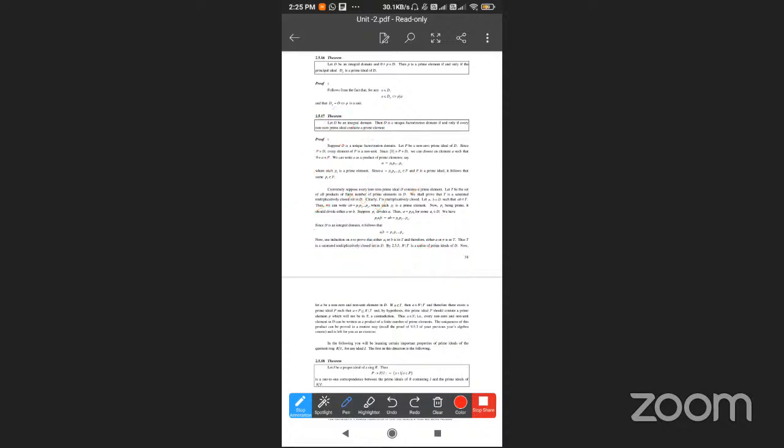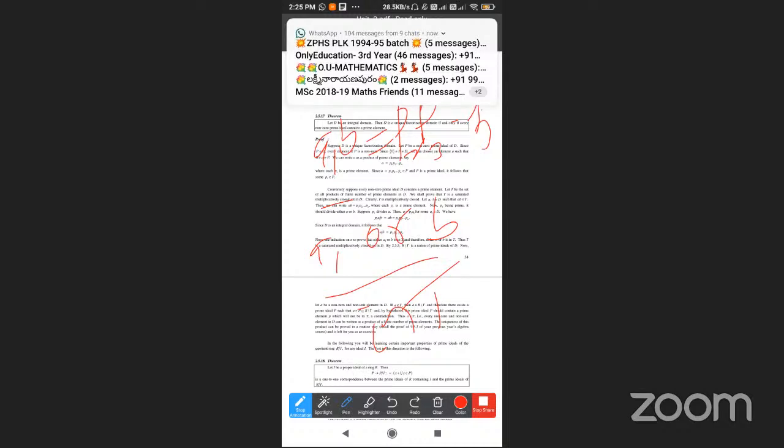That is, a_1 b is equal to p2, p3, up to pn. Now we use induction on n to prove that a_1 or b is in T. Therefore, either a or b is in T. Thus, T is a structured multiplicatively closed set in D.